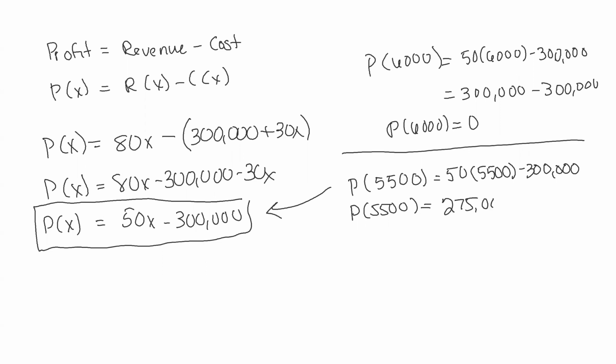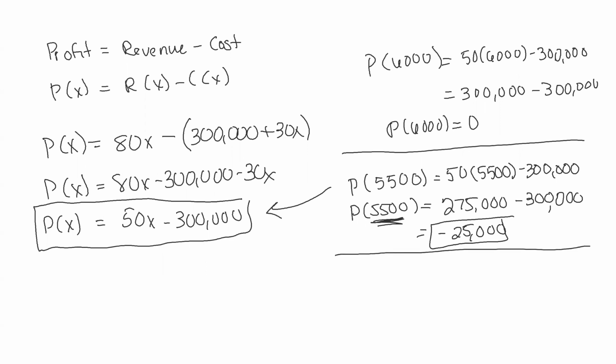We need to subtract 300,000. And unfortunately, that puts us at negative 25,000. So if we sell 5,500 pairs of shoes, our profit is negative 25,000. So we lost money. Okay.